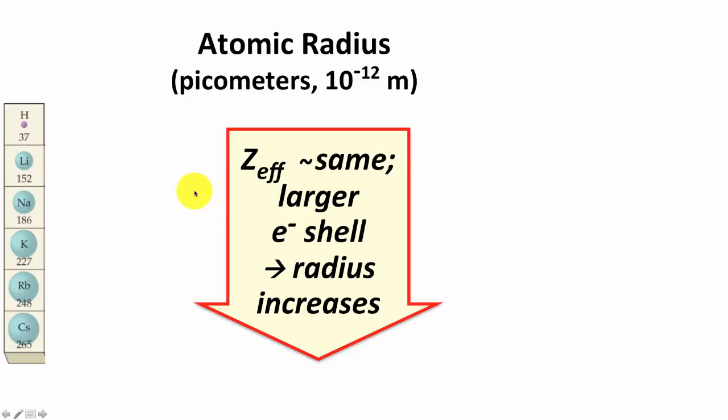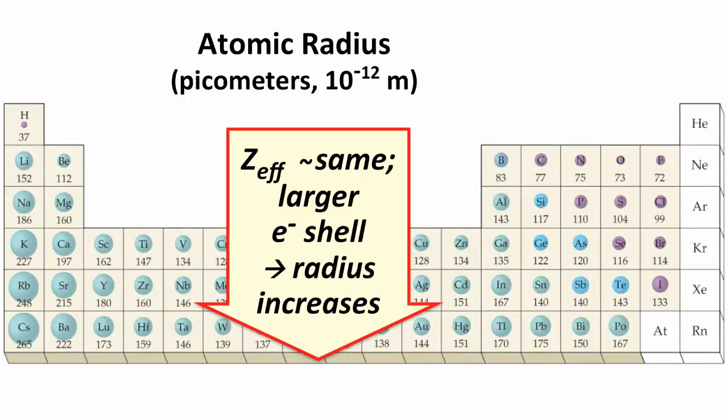So we could say that the effective nuclear charge is roughly the same, but we go to larger shells as we go down the column of the periodic table, so the radius of the atoms will increase. And if we look at other columns in the periodic table, we see similar trends.